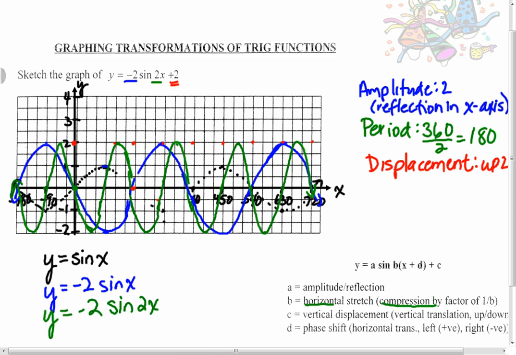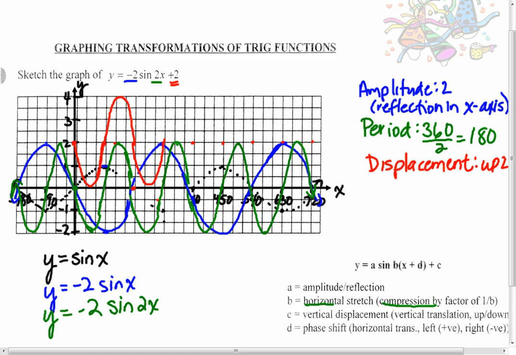So I've just transferred all my x-intercepts up 2, and I am going to do the same pattern. Low, 0, which has now been moved up 2, high, 0, or what used to be.